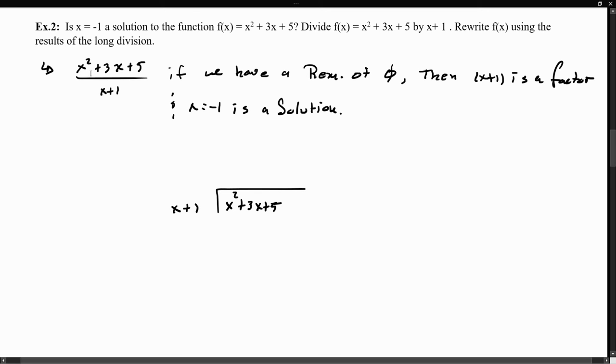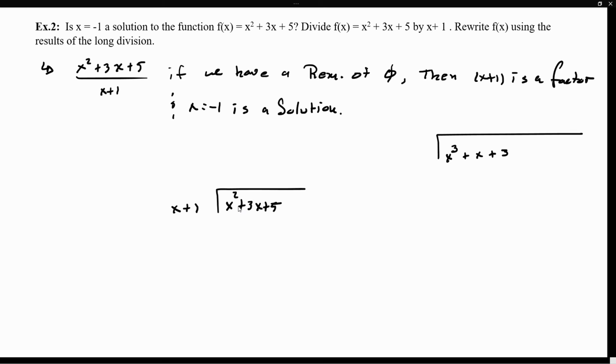Before we proceed, we have to make sure that inside our box, everything is in order. The first thing, is it in descending order, second exponent, first exponent, 0 exponent? So it's good. Is there anything that is missing? No. In terms of missing, let's assume that we have the expression x cubed plus x plus 3.